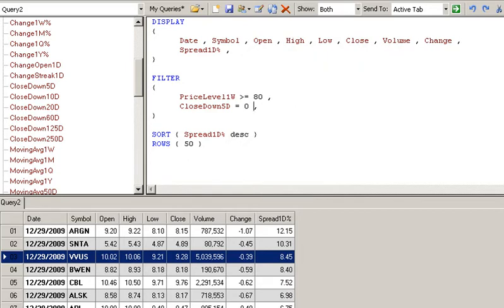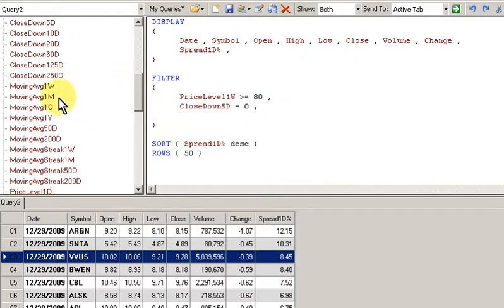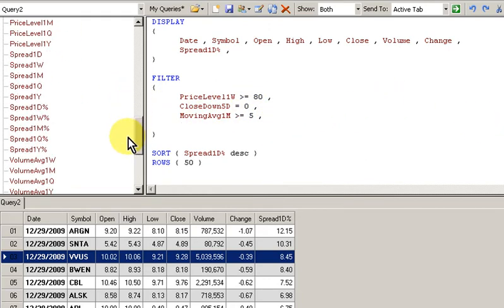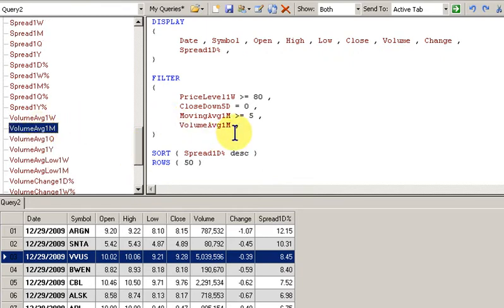Let's go ahead and put the moving averages back in, greater than or equal to 5. And let's put in the volume as well, to get rid of some of the less liquid stocks, greater than or equal to 100K. Now let's run it.